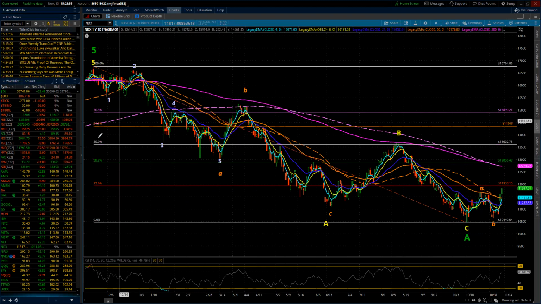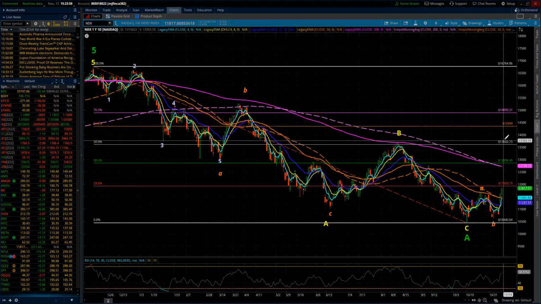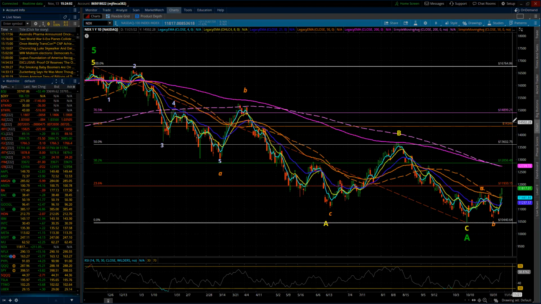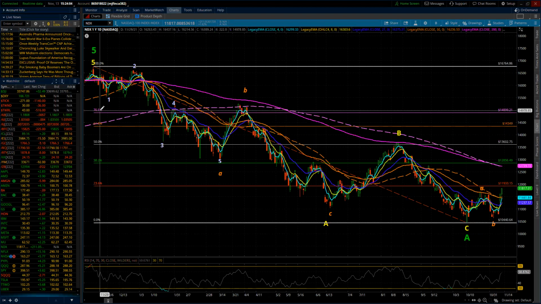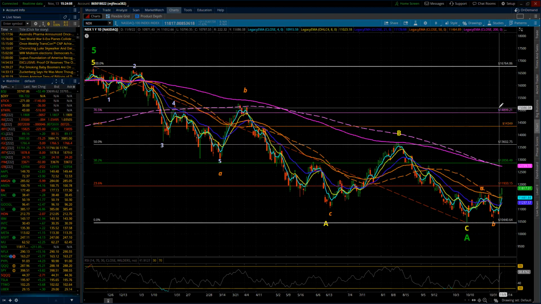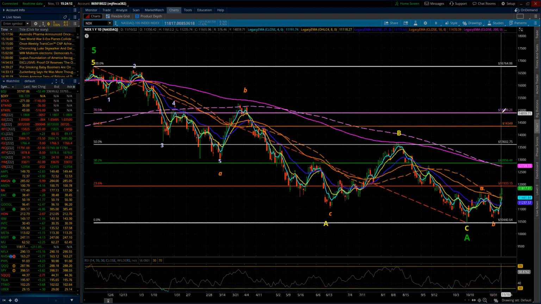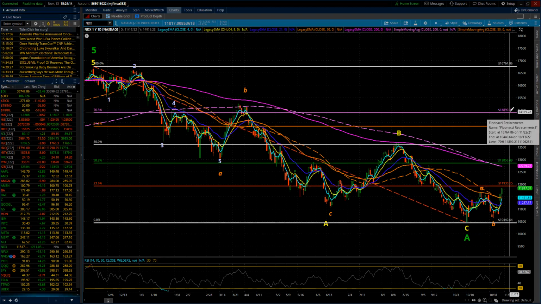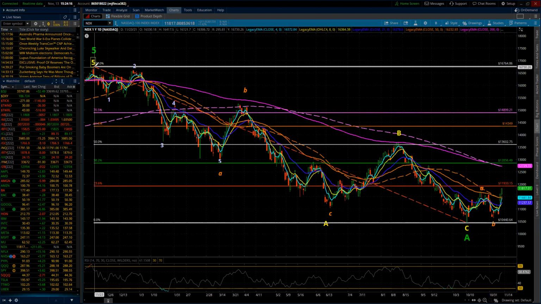We have 50% to 618. 50%, 13,600. 618, 14,350. 70.5, which is the sweet spot, 14,900.